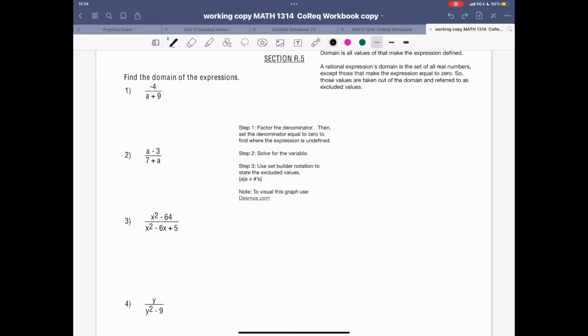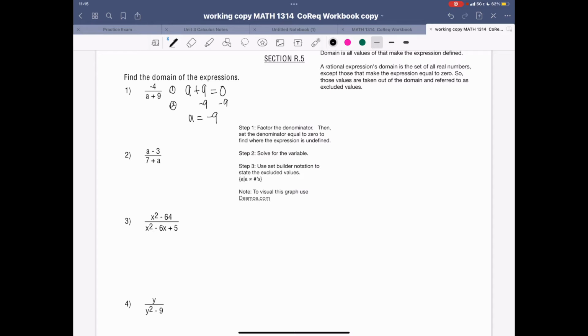So in this case, for number 1, we're going to say, can we factor the denominator? No, because it's already prime. And then we're going to set the denominator equal to 0. So I'm going to say a plus 9 equals 0. We're looking for where it's undefined. That means we're going to solve for the variable. So this is step 1. Step 2, so I'm going to say minus 9, a equals negative 9.